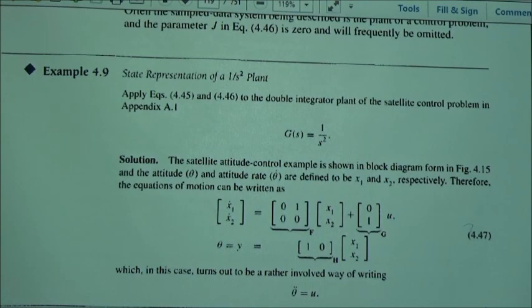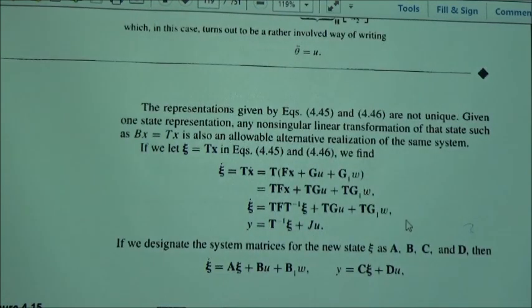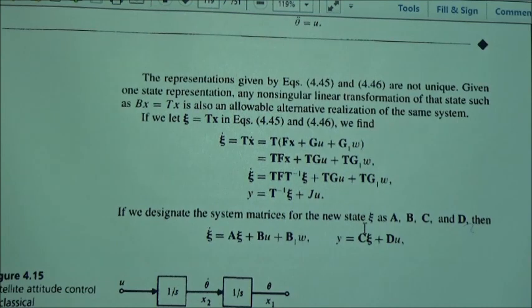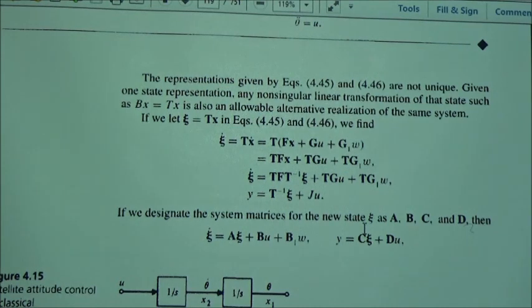In this case, your book goes into transformation. You can transform the state equation into a different formulation. It doesn't really give you much information, except that it gives you an alternative way of representing your non-unique state variables.